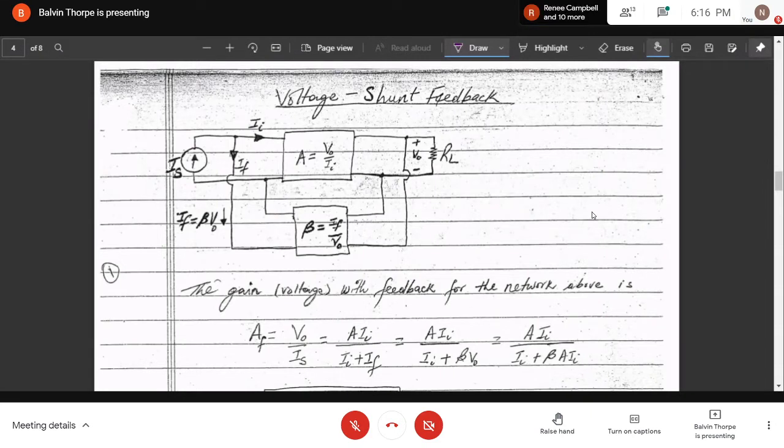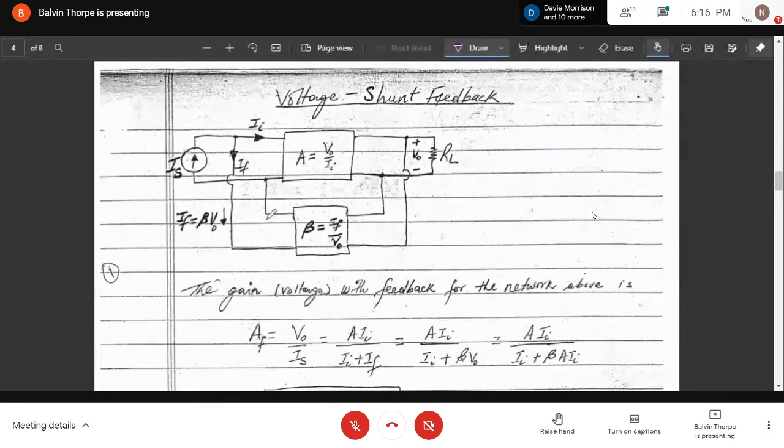In this network, the output voltage happens to be the input to the feedback network, so it's called a voltage-something feedback.